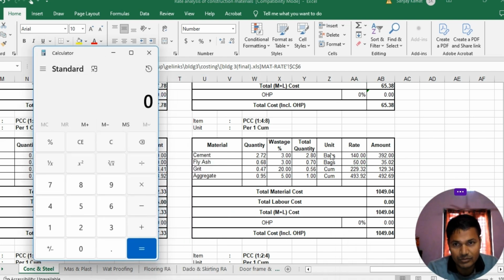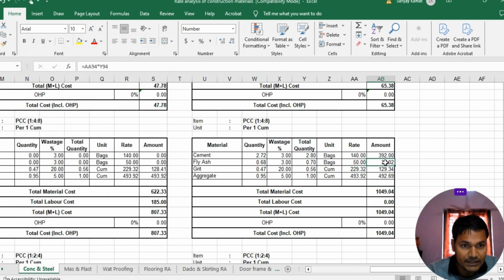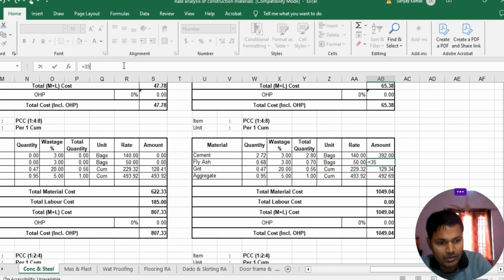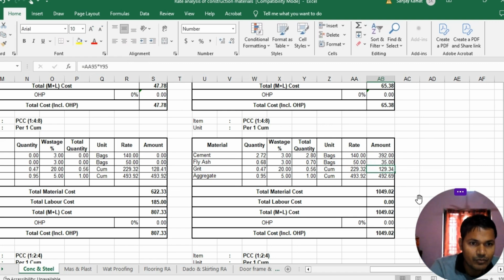Let's multiply, and we'll check whether our answer is right or wrong. 50 into 0.70, how much does it give? 35 only. So our calculation here is wrong, so edit this value. Exactly 35 you have to write here. Okay, so this we have done.